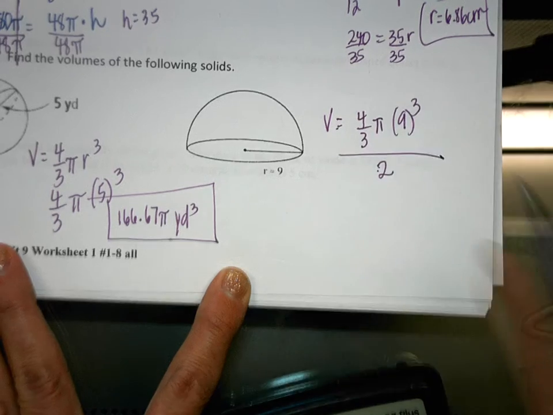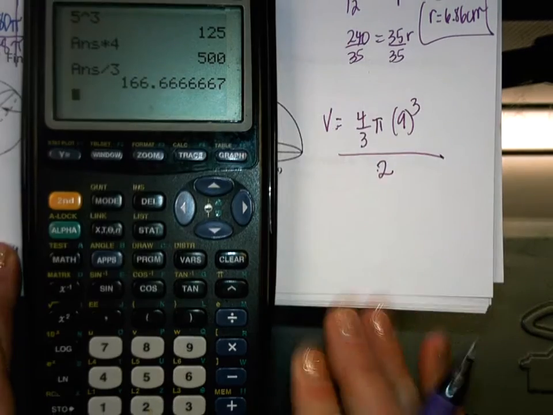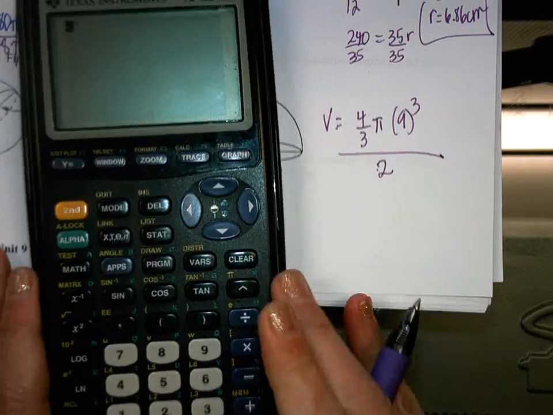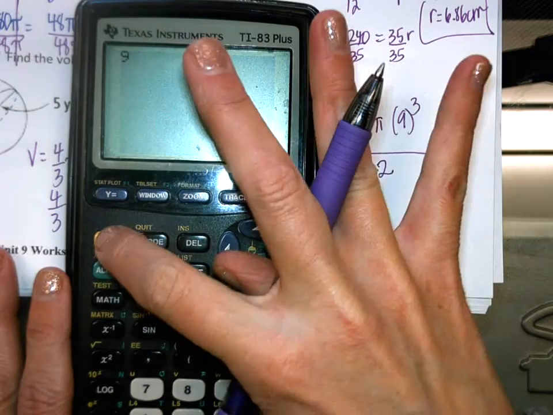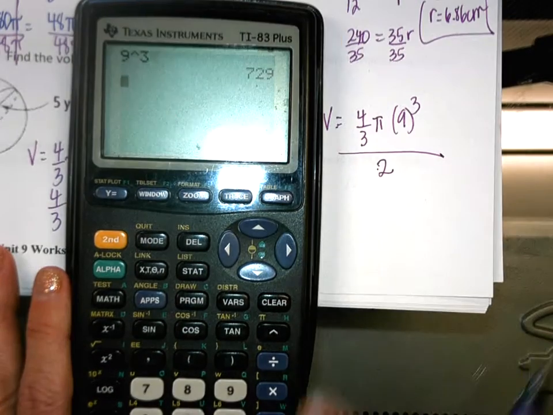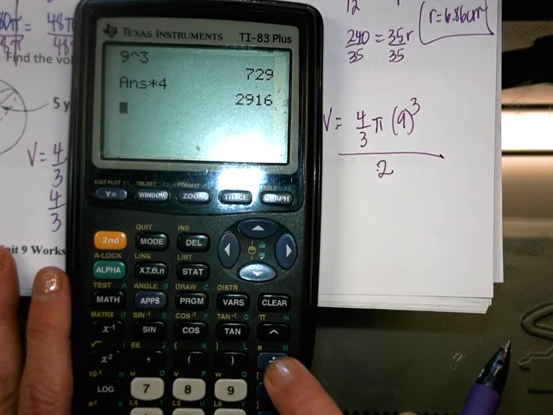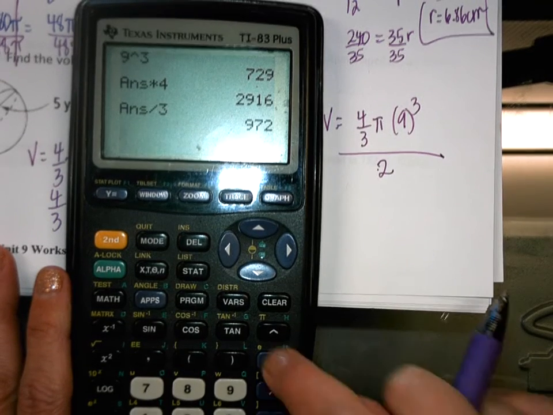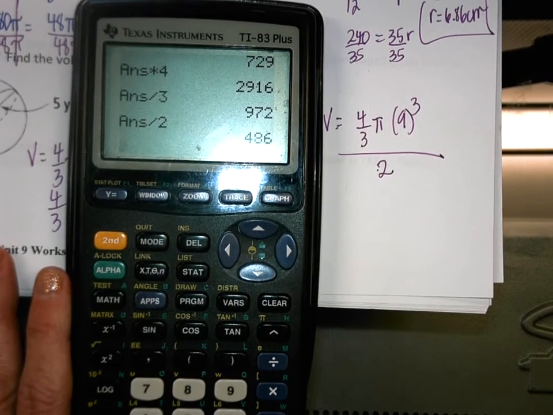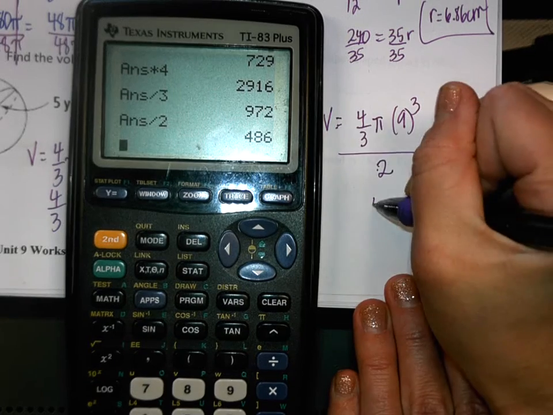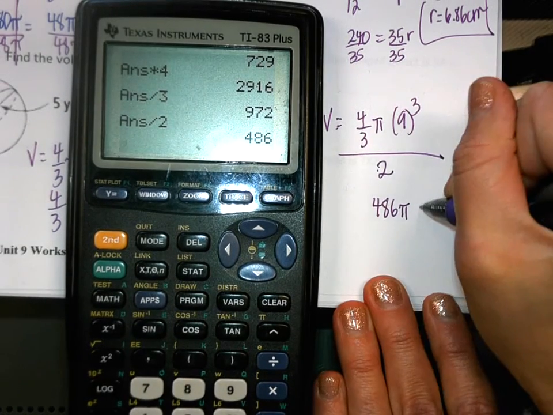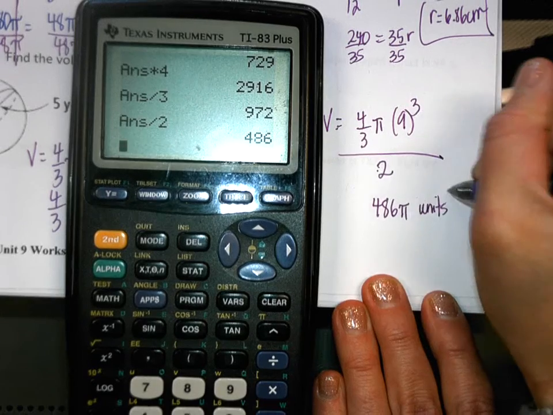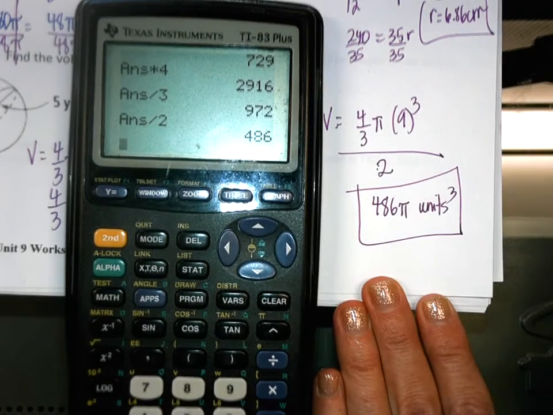So, in your calculator, I would start with 9 cubed times 4 divided by 3 divided by 2. And so you end up with 486 pi, and then it's going to be units cubed. Any questions?